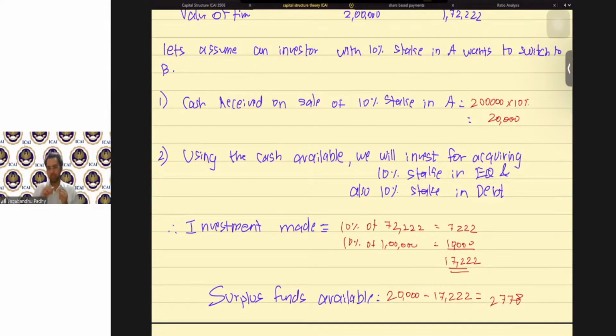So we received 20,000, invested 7,222 in equity and 10,000 in debt. So total investment is 17,222, and still we have surplus funds of 2,778. Quite obvious, sir, I can invest this 2,778 in risk-free assets.